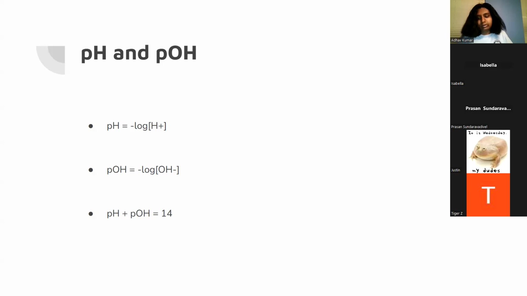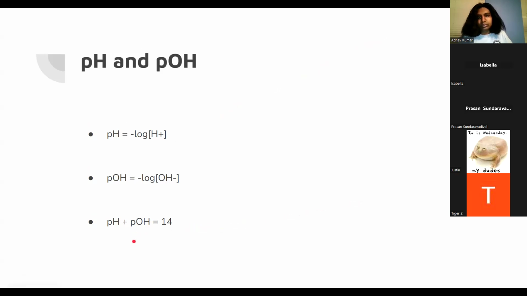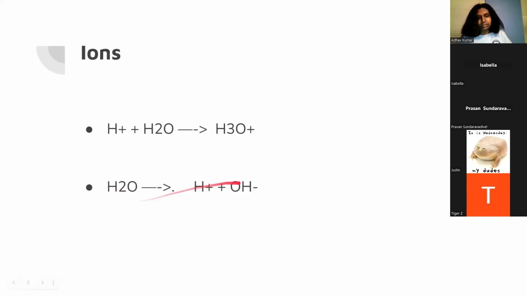But I was kind of hinting at earlier about why water was important for this, why water is neutral, right? Water is important for this because pure water is perfectly neutral because of this property right here.